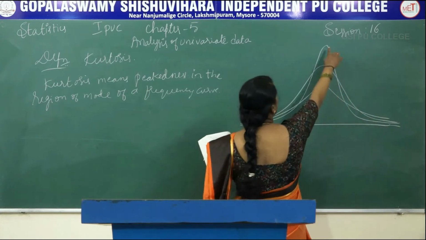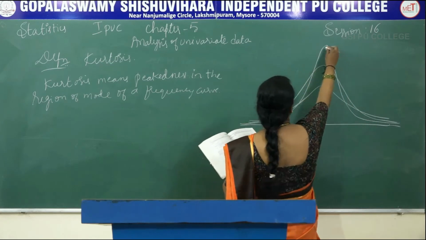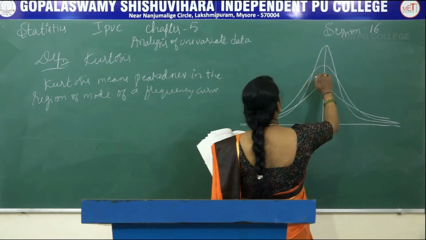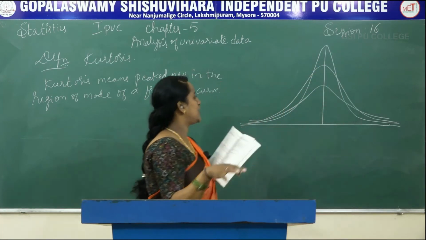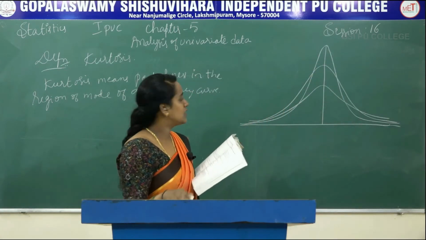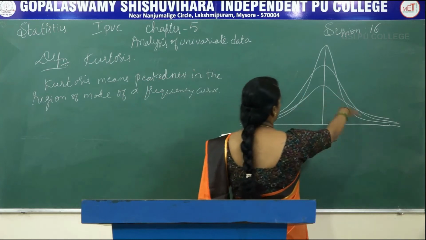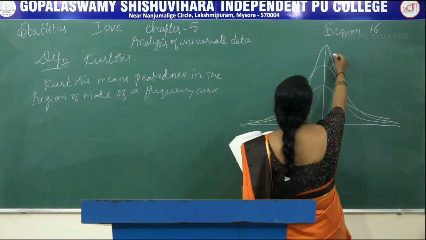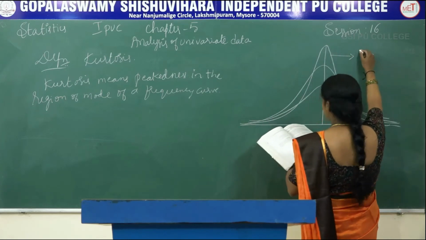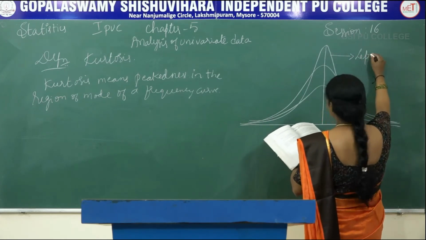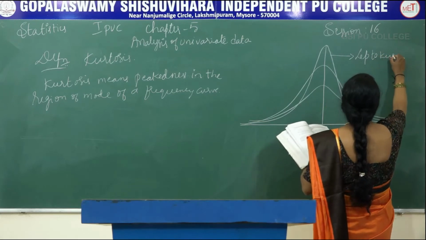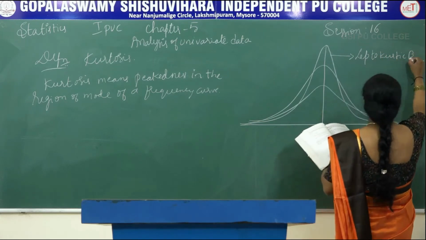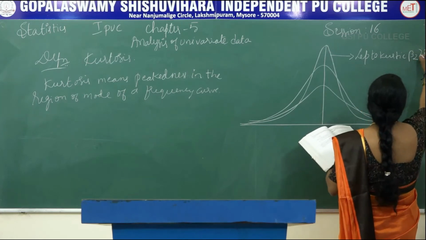Here peakedness is like this and it is symmetric. Even though all the shapes are bell shaped, depending on the beta values, the one with the highest peakedness we call leptocurtic, and here beta 2 is greater than 3.